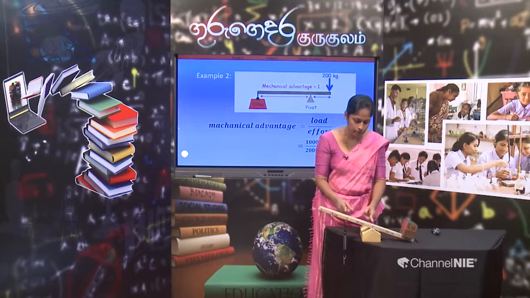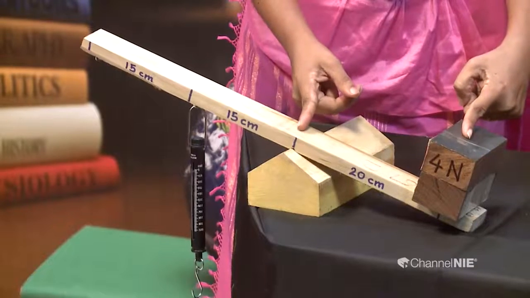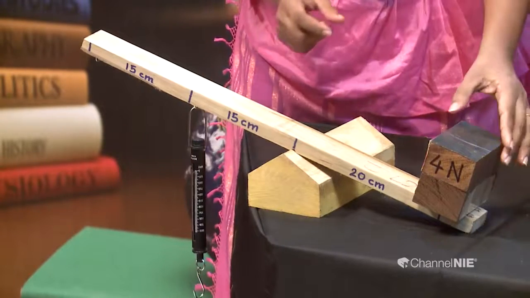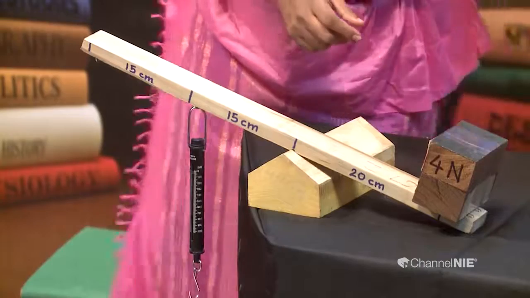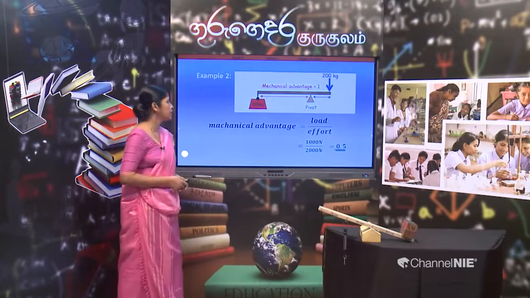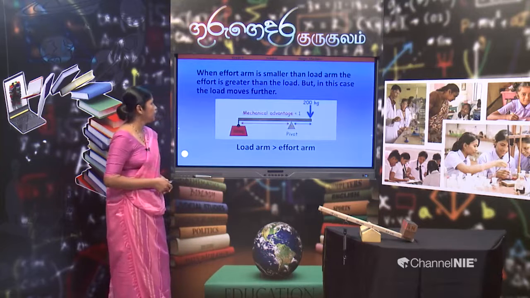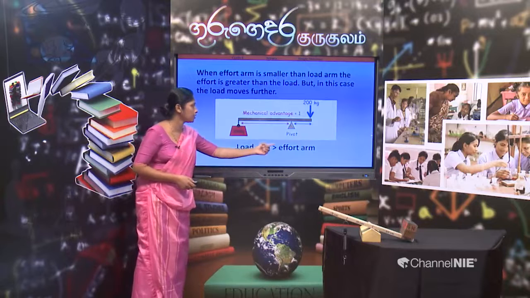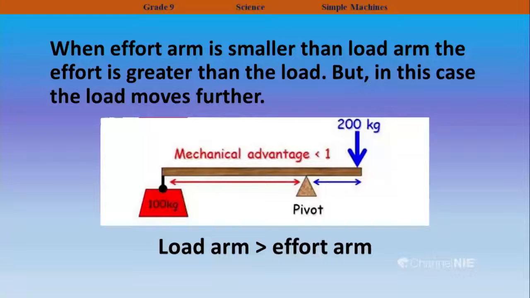So, when the effort arm is less than the load arm, the effort is greater than the load. In this case, mechanical advantage is less than 1. When the load arm is greater than effort arm, mechanical advantage is less than 1.